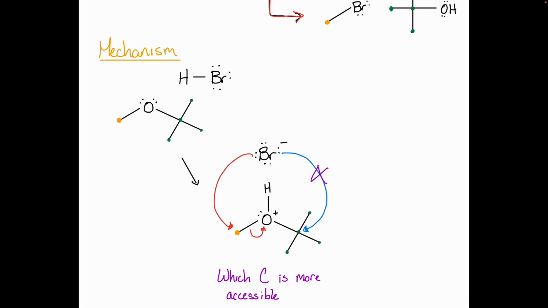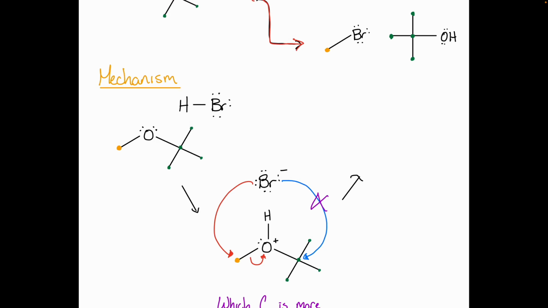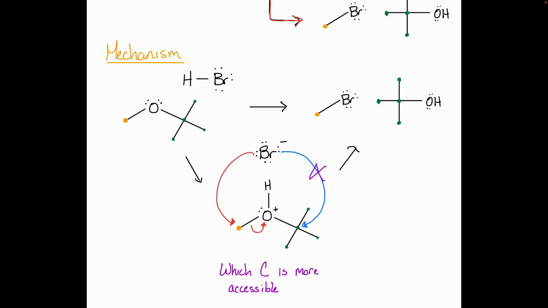But so my correct pathway here will lead to that smaller fragment being my alkyl halide, and my more crowded fragment being that alcohol. All right, so we can just note that that more accessible carbon gets that halogen.